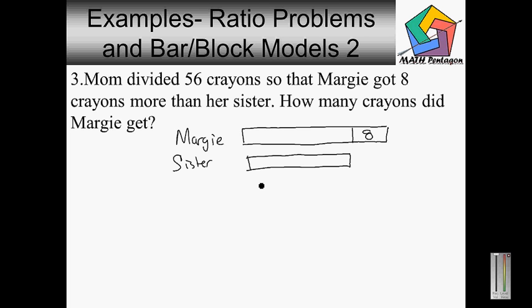Now, Mom divided 56 crayons so that Margie got 8 crayons more than her sister. So how many crayons did Margie get? Well, first we do 56 crayons minus the 8 more crayons that Margie got, and we get 48 crayons. Second, we have to find the half of that 48, so we divide it by 2.